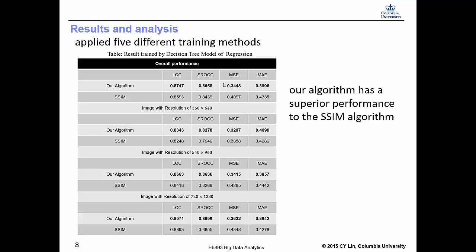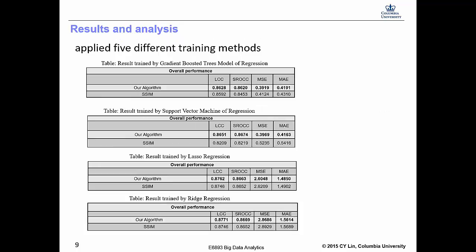From the result trained by the decision tree model, our algorithm is superior to the SSIM algorithm in overall performance and in each image resolution. Also, we studied the influence introduced by the different training methods.